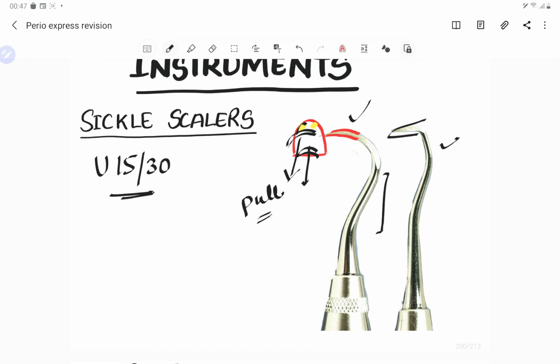This straight shank sickle, we use it for anterior teeth and the premolars. One with a contra angle shank, we use it for the posterior teeth. So let's write the anterior and the premolars, and then the contra angle, we use it for the posterior teeth. So this is the scaler which we use if we are doing the manual scaling. If we are doing it with the machine, then we use the sonic and ultrasonic.